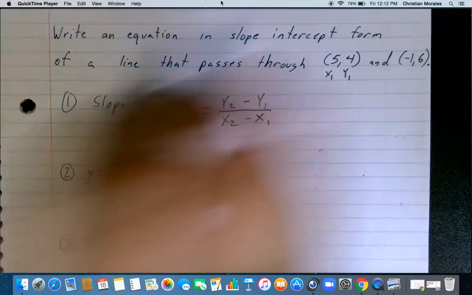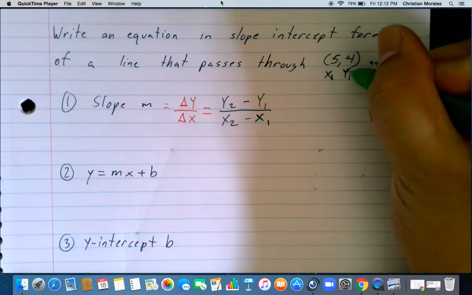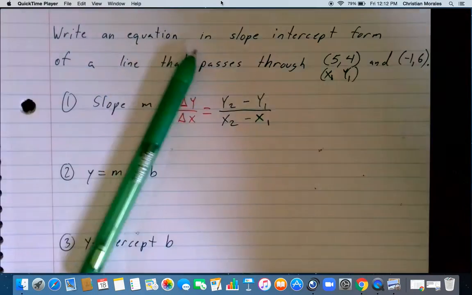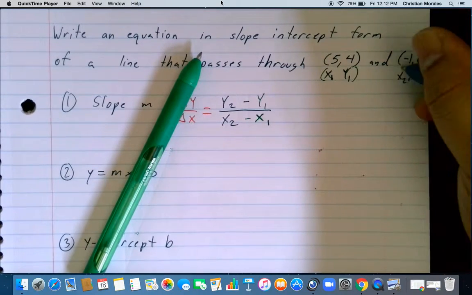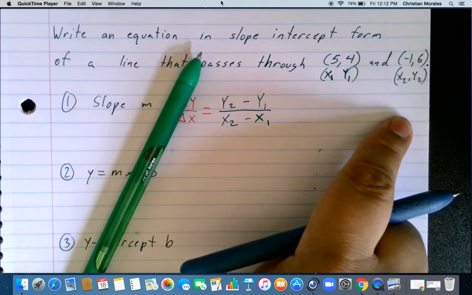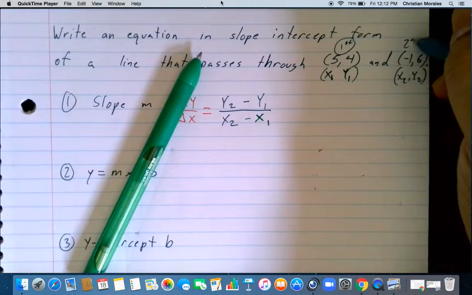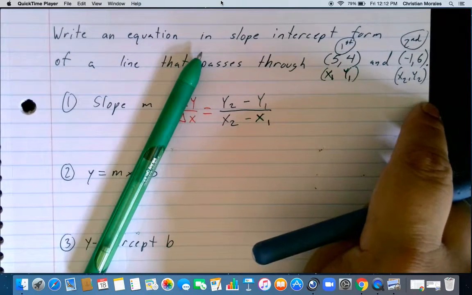Those are my points for x1 and y1 right here. This point over here will be my x2 and my y2. The way I decided on that is this one was the first one, this was the second one. So I just choose this as my x1 and my y1, this is my x2 and my y2.